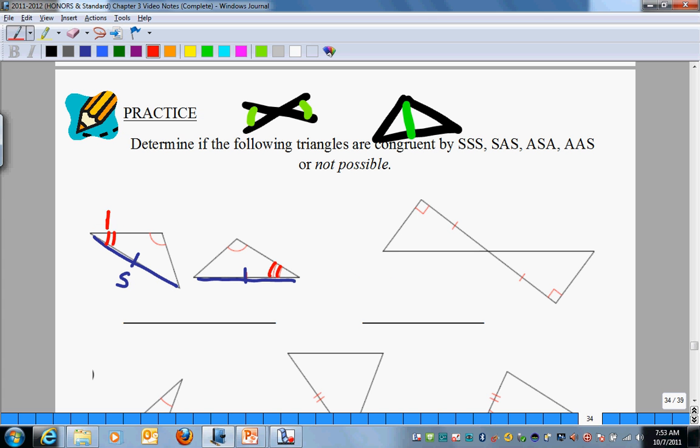Then I also have a pair of angles. And another pair of angles. Now that side is the tail of one angle. It's not a sandwich. So this reads either side, angle, or angle, side. So that is a legitimate shortcut.